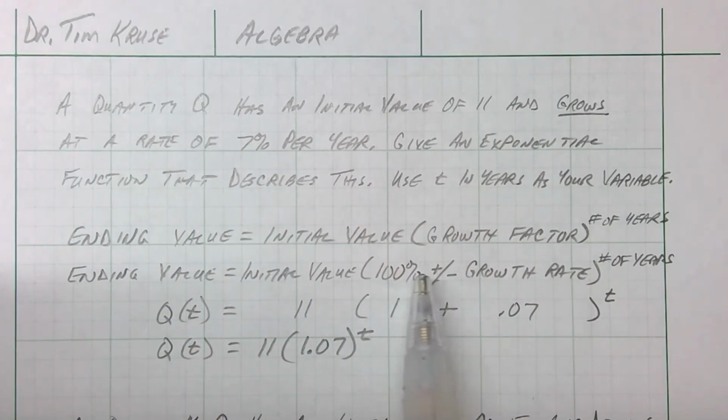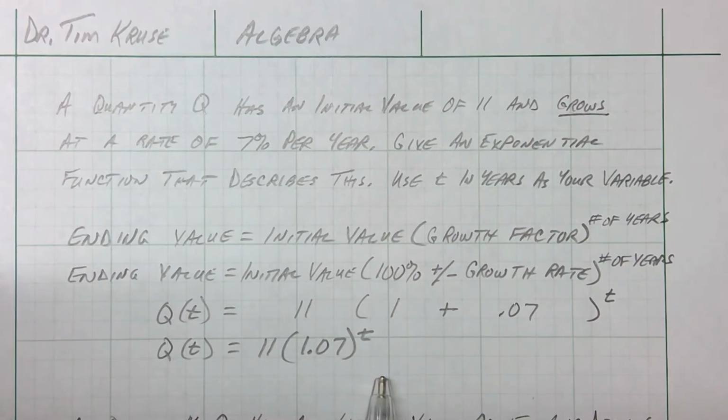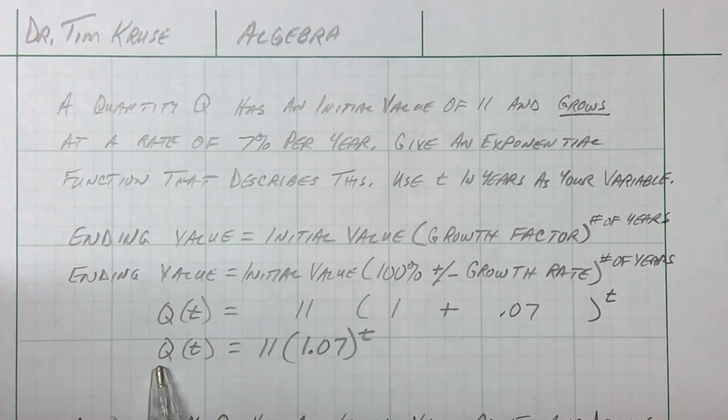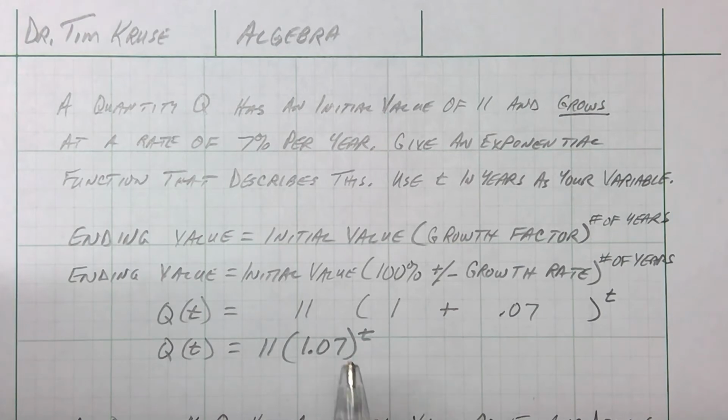So it's going to be 100% plus 7%. 1 plus 0.07 raised to the t, and you started with 11. And here it is a little cleaner. So the quantity that you have after a certain amount of time is what you started with times how fast it's growing raised to the number of years you leave it in there to grow.